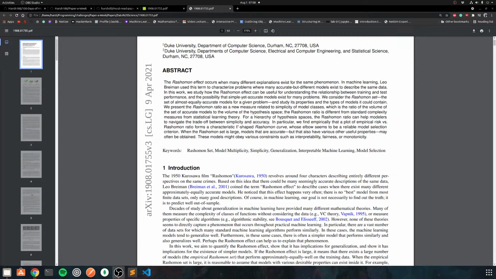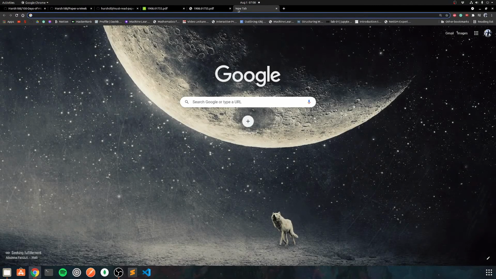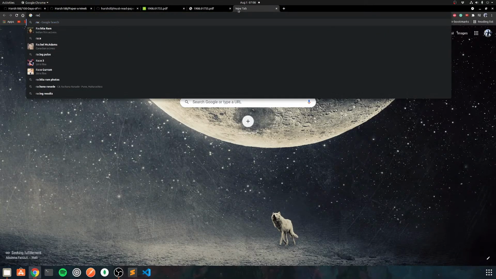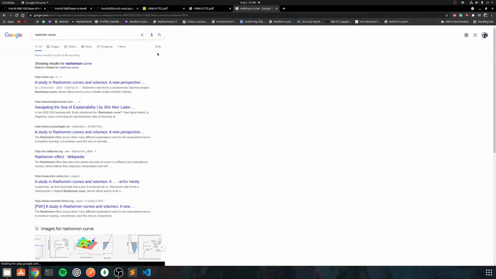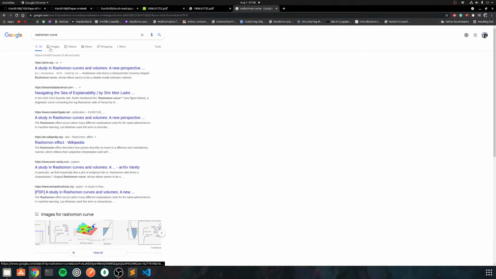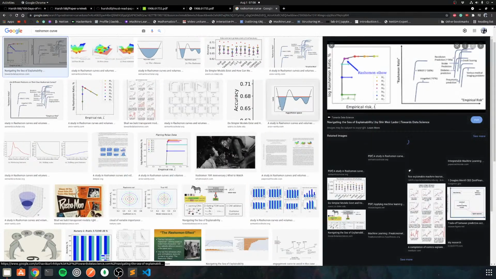Okay, just finished reading the introduction. I knew I had heard of Rashomon curves before, and after reading the abstract, I know where I recognize them from. Basically, it's this process of comparing the different models for a single problem.